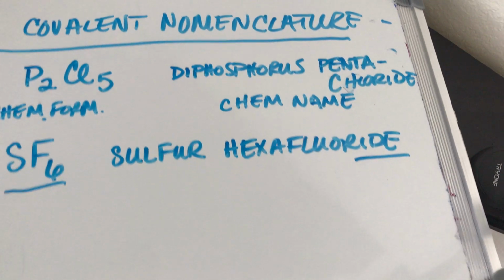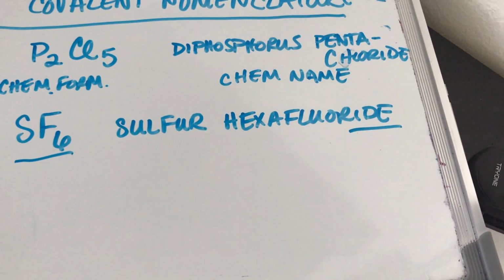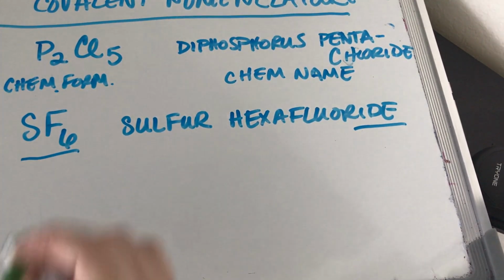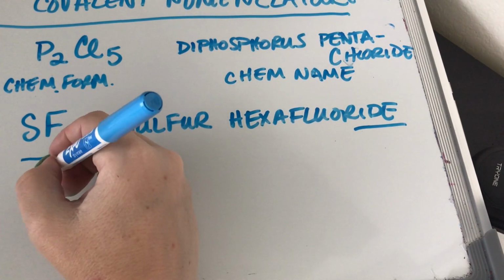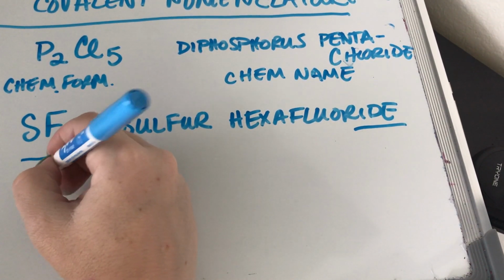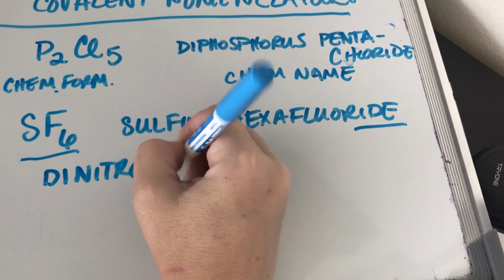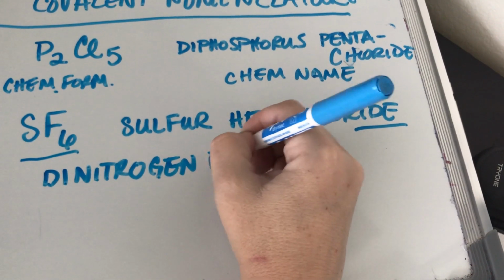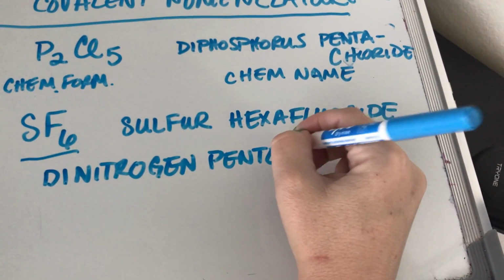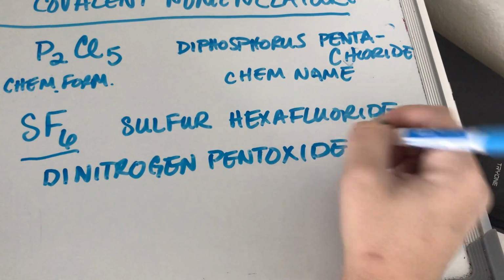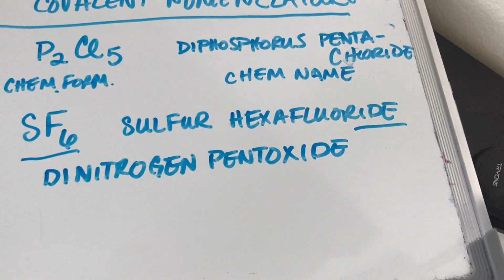So let's look at going the opposite direction, from the chemical name to the chemical formula. What would the chemical formula for dinitrogen pentoxide be? N2O5.